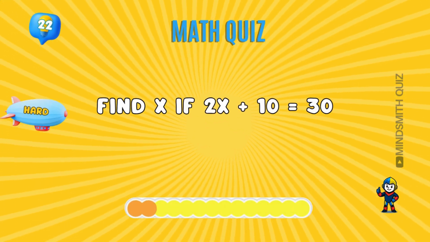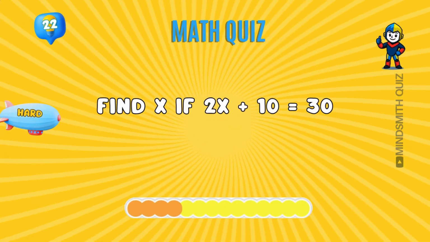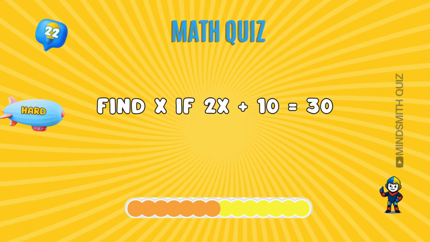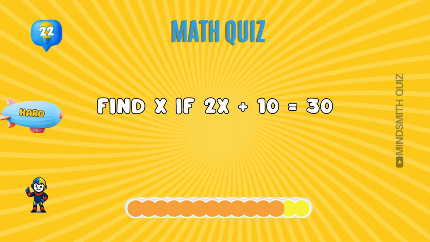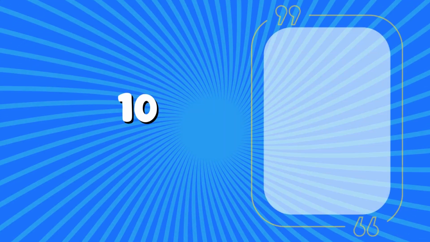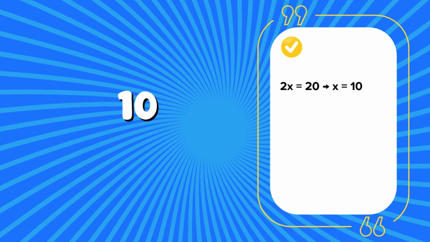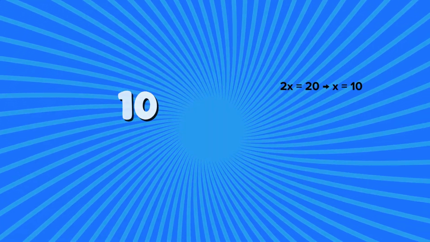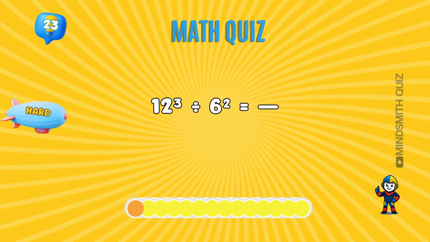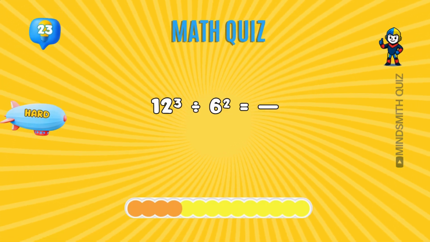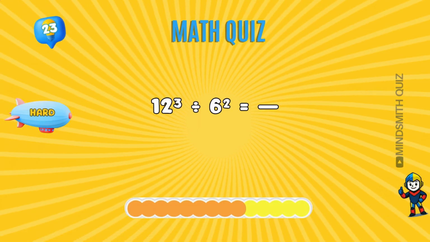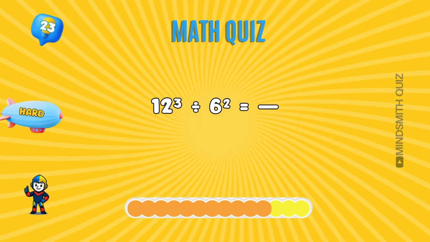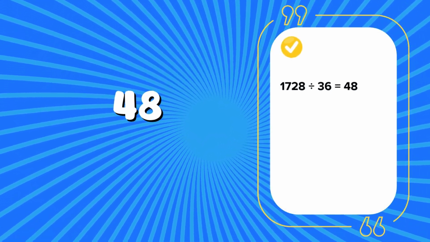If 2x plus 10 equals 30. x equals 10. 12 cubed divided by 6 squared equals. 48. Right.